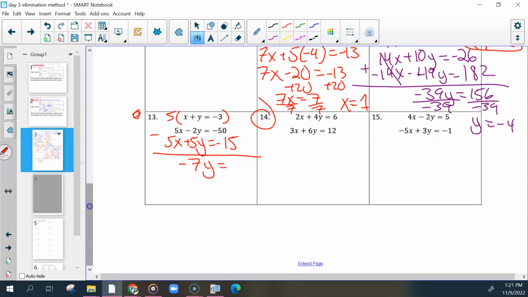And then negative 50 minus a negative 15 would be plus 15. And then divide both sides by negative 7. What would we do with that answer?